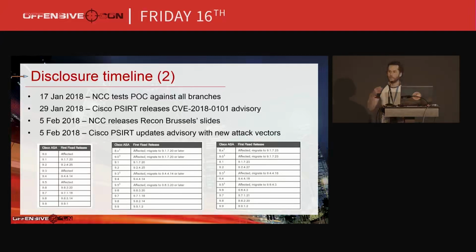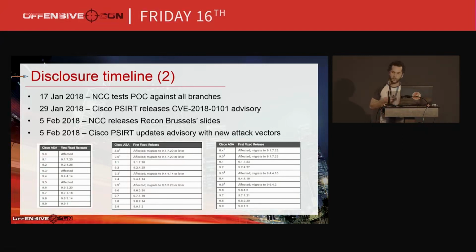So you have this system of branches I'm going to talk about just after, but each branch lives in parallel, and basically you need a different patch for each branch. Then, at the end of January, like what was agreed, they released an advisory, and the patches were already existing since November, but they made it public.